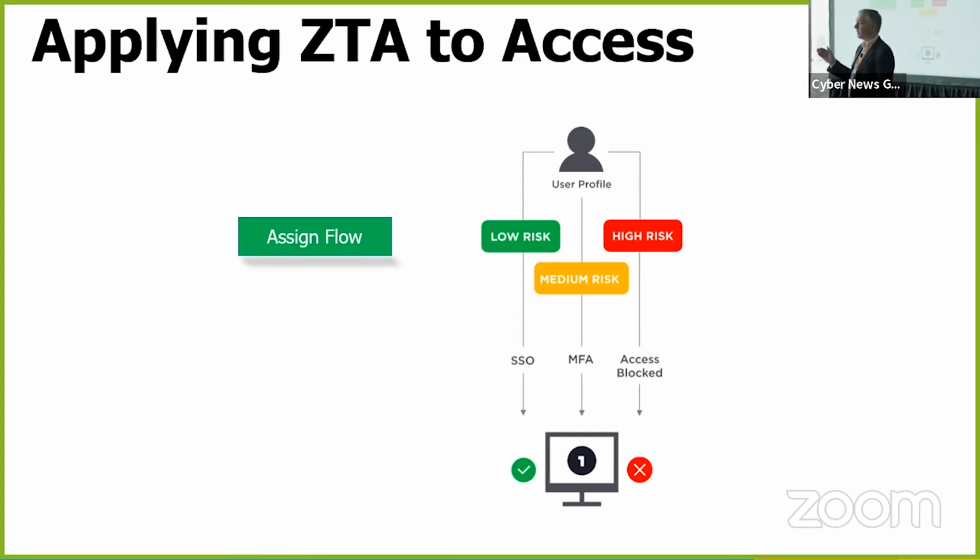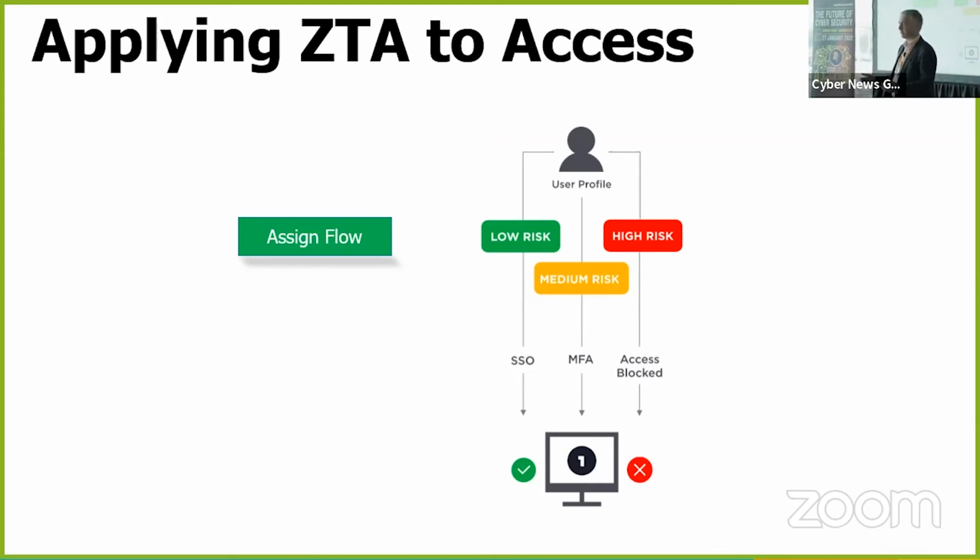So if the user signed in with just a username and password, but it's from an odd location and an unknown device or a strange time of day, it's not that you want to stop them from doing their work, but you're going to enforce, say, a stronger level of MFA.